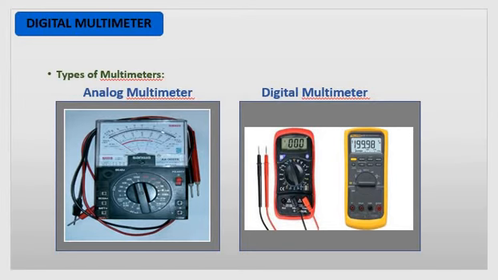The two jacks are utilized when an LCD shows what is being measured, that is either voltage, resistance, or current, etc. Now in digital multimeters, overload protection prevents damage to the meter and the circuit protects the user.